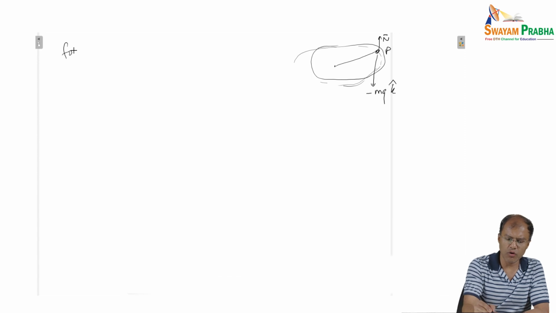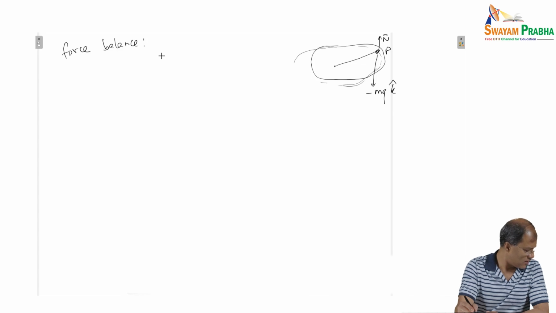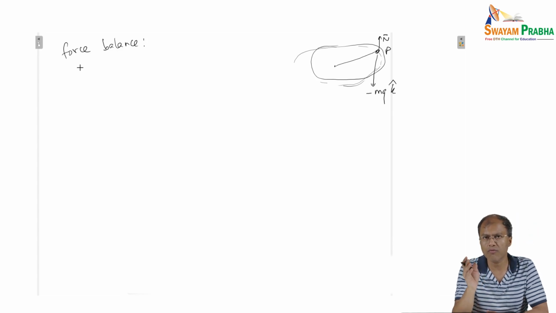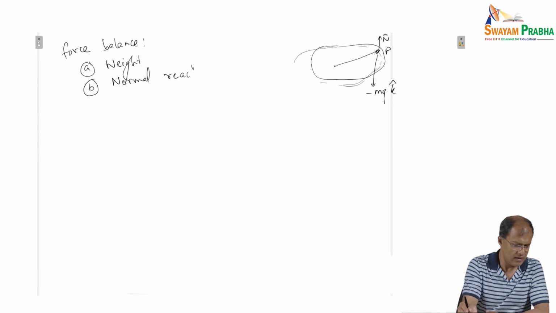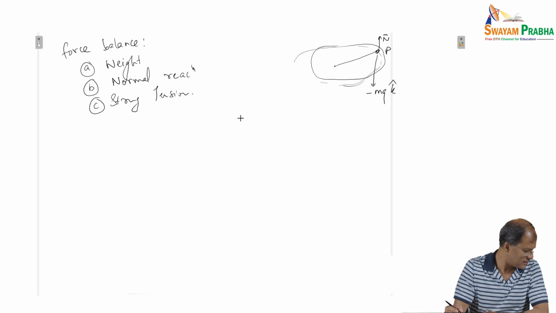So if we were to write the force balance, let us first note down all the forces. We have the weight of the particle, the normal reaction, and the string tension.